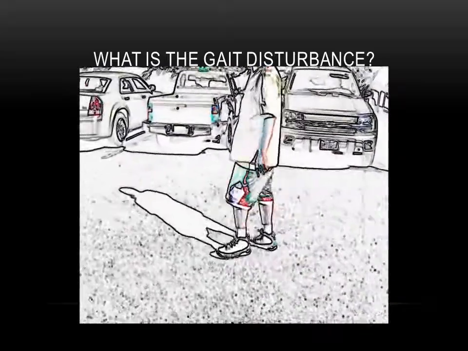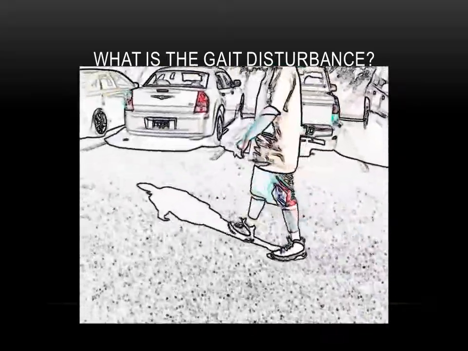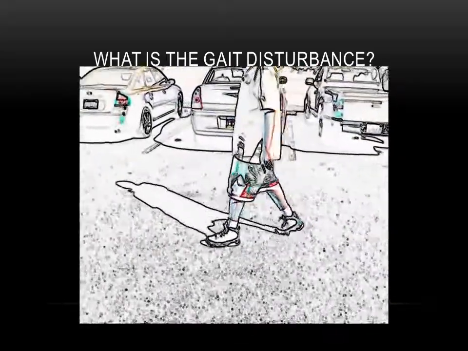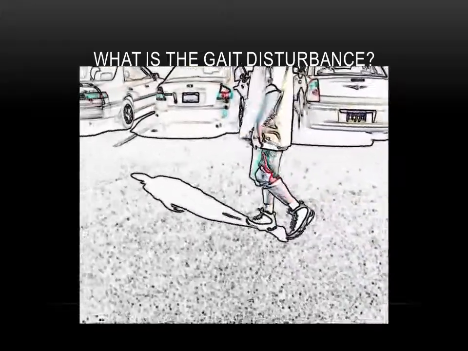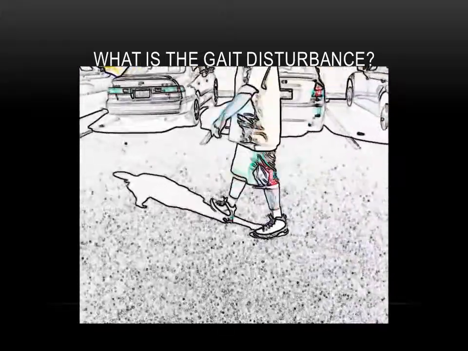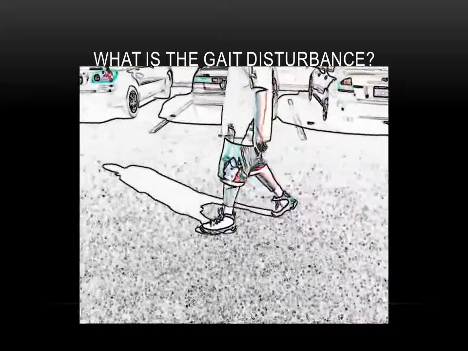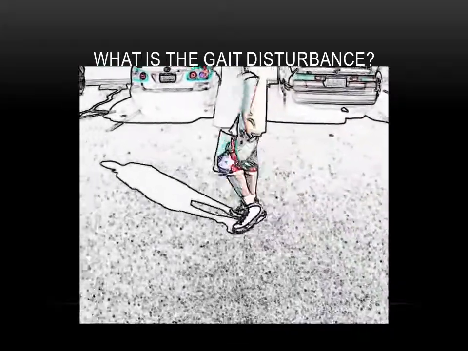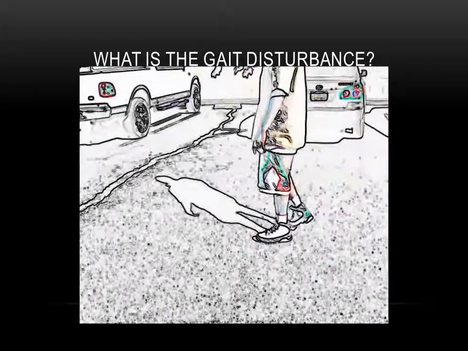With a different view, let's see if we can identify disturbance in this post-surgical lower extremity. You can see he has a lack of dorsiflexion, which results in a shortened stance phase, especially on push-off phase.